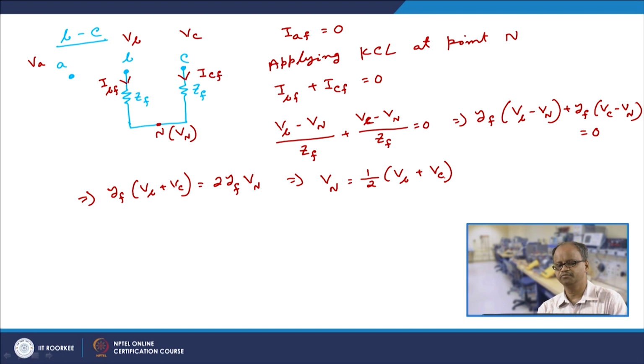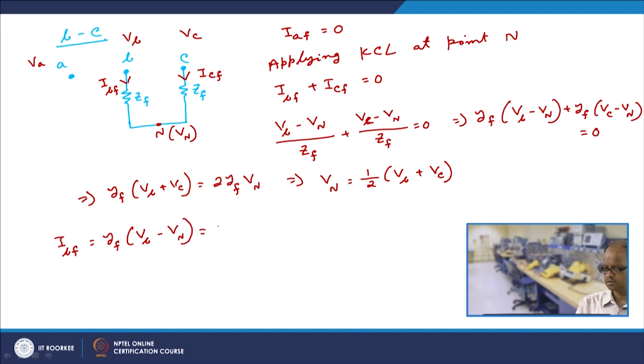Once we get Vn equal to half of VB plus VC, I can find that IBF is equal to YF into VB minus Vn. So it is YF into VB minus half of VB plus VC, or in other words YF by 2 into VB minus VC.